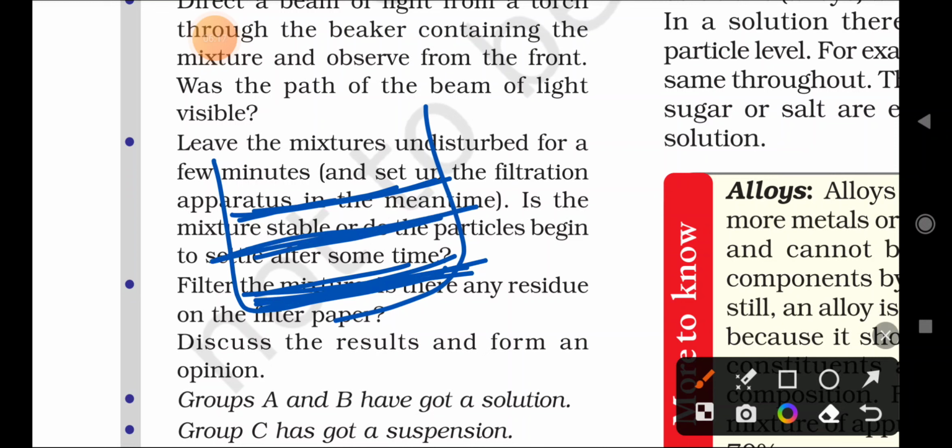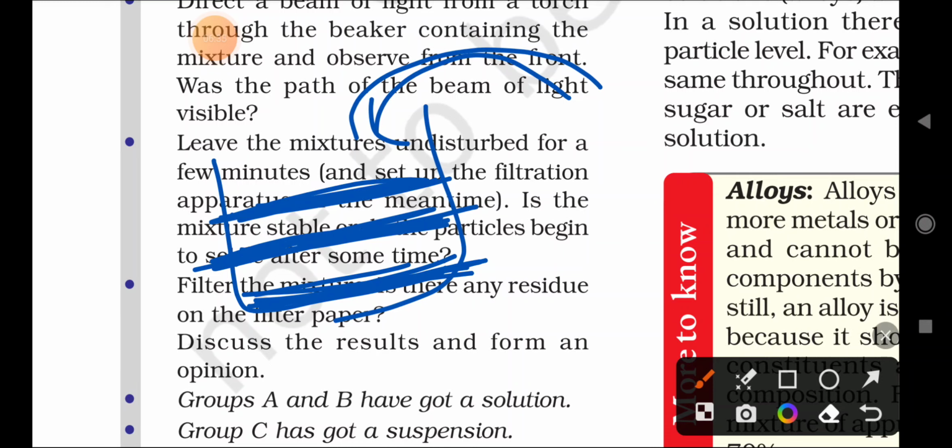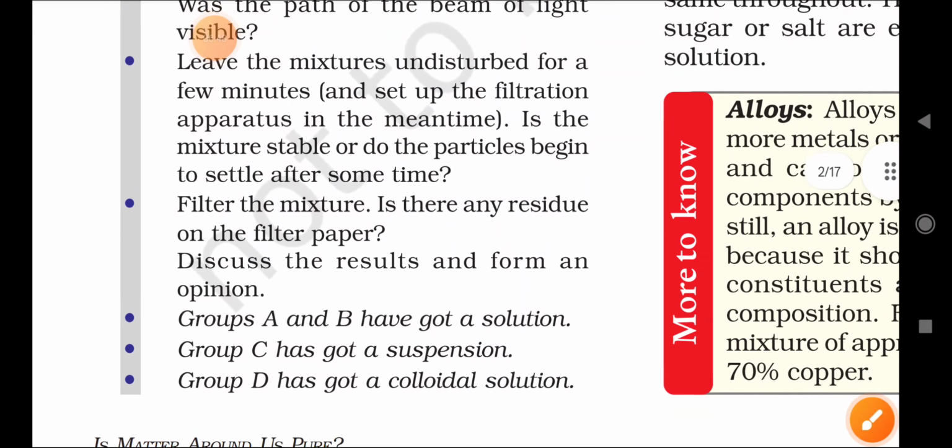For example, stones settle to the bottom, right? When oil is added into water, it stays on the surface. Other particles stay in the middle, depending on which substance we add.